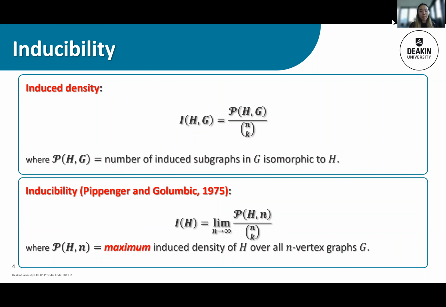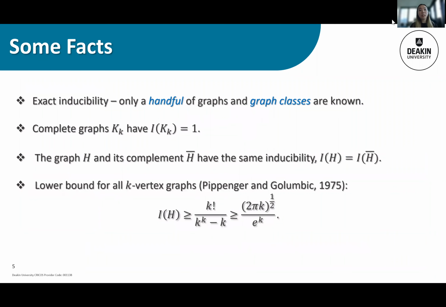Right, now some facts. The exact inducibility of small order graphs are known, so order of up to about 5, and a handful of graph classes, for example the cycles, the complete graphs, and bipartite graphs. As a trivial example, we'll look at the inducibility of complete graphs.